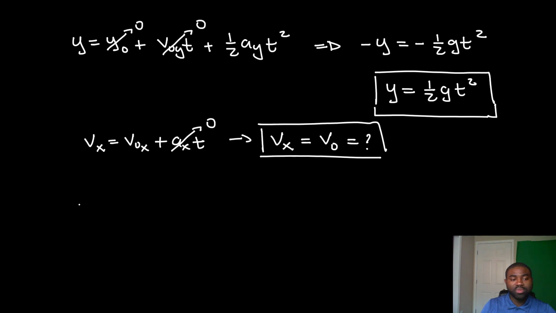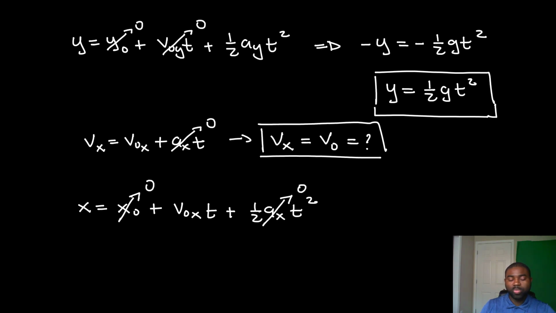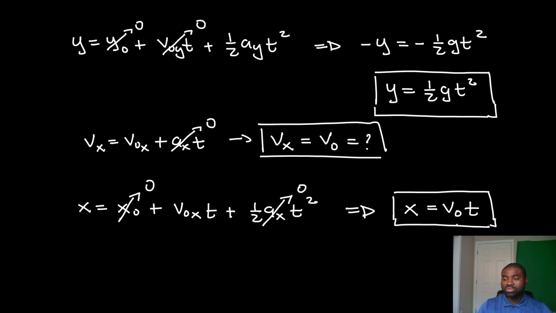Now, similarly, x is equal to x naught plus Vox t plus 1 half axt squared. There is no acceleration in the x direction, that is 0. The particle is at the foot of the table, which is essentially the x coordinate is 0. This would imply that x is just going to be equal to V naught t. This expression here tells us how the horizontal displacement varies with time.